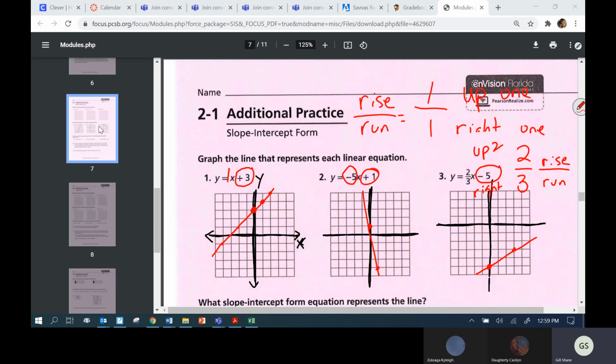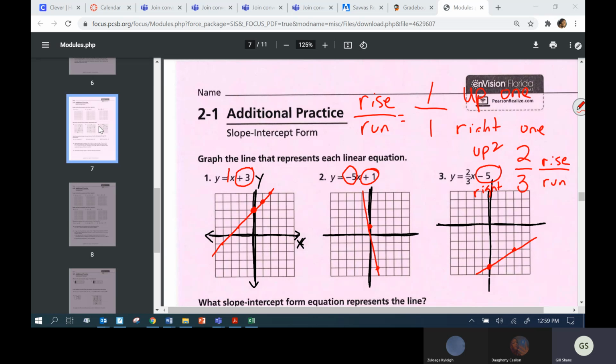There are other ways to graph this, like you can just plug in numbers. We talked about that before. If you really wanted to, you could just plug a number in and try to come up with a point on the graph. So you could plug in 1 for x, solve out for y, and you would get 1 comma negative 4, which is the point we already put on there.